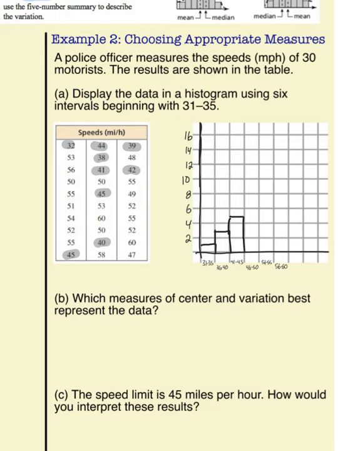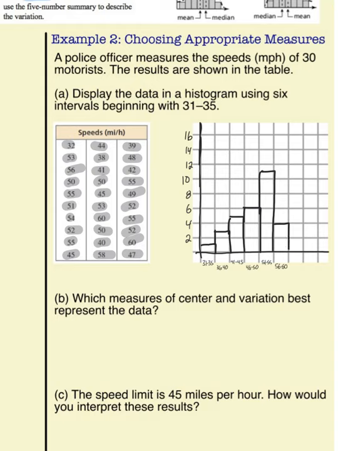And then from 46 to 50, there were 6 motorists, we're going to go ahead and fill in that bar. And then from 51 to 55, there were 11 motorists, so fill in that bar. All right, and then last one, 56 to 60, that was 4 motorists.